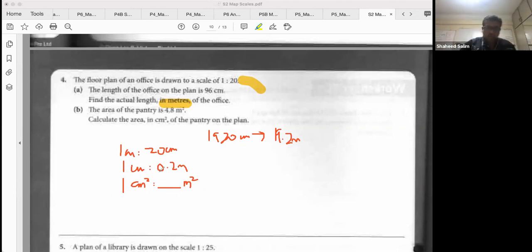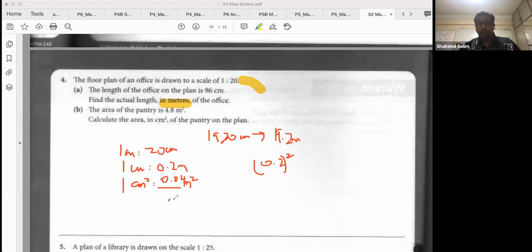Like this, just square the whole thing. See? Now down here, Ryan, one more step. So this is your scale. Your scale for area, notice, is different from your scale for length. 1 cm to 0.2 meters. For area, 1 cm square to 0.04.